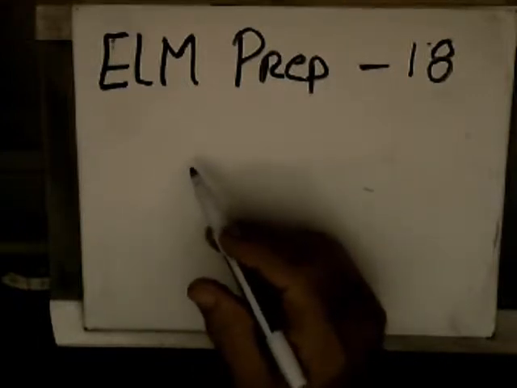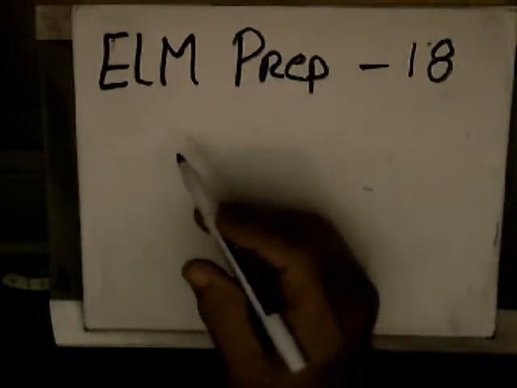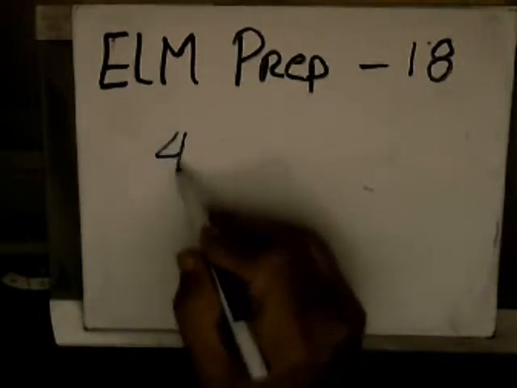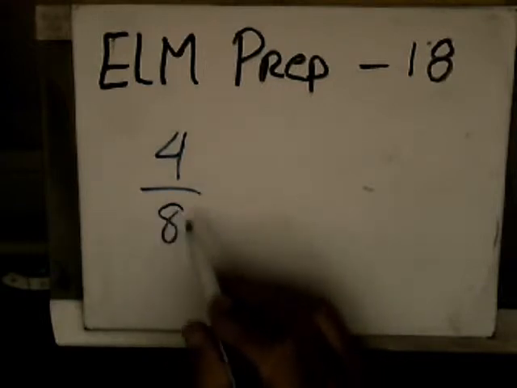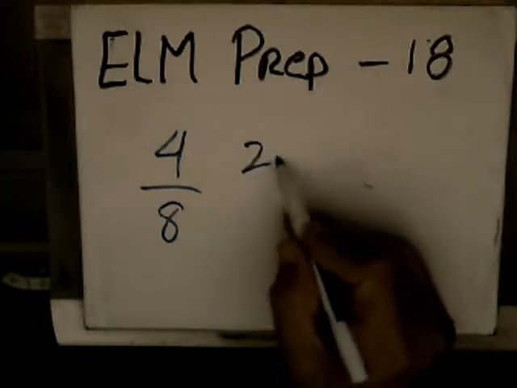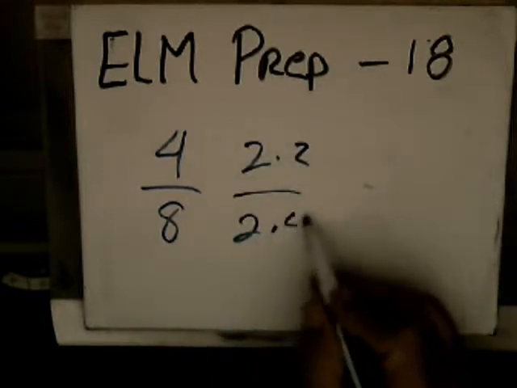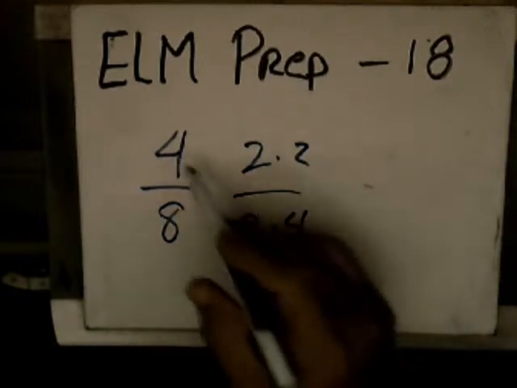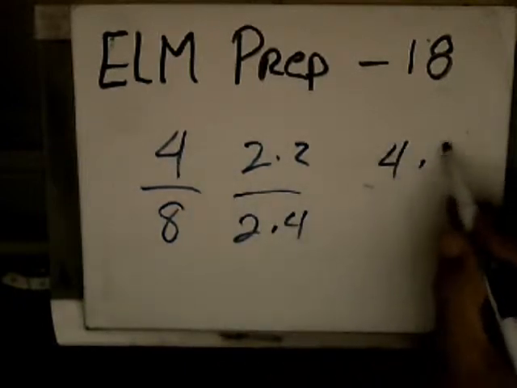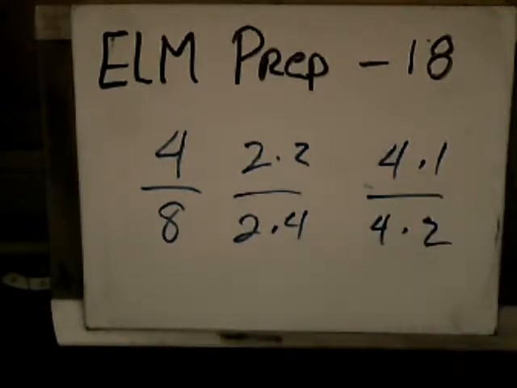One of the things you can look at is just reducing a fraction, 4 over 8. The factors of 4 are 2 and 2, and the factors of 8 are 2 and 4. Another factor of 4 is just 4 and 1, and then 4 and 2 for the bottom.